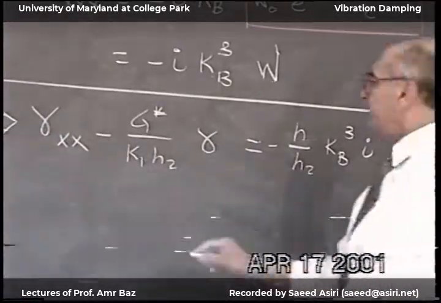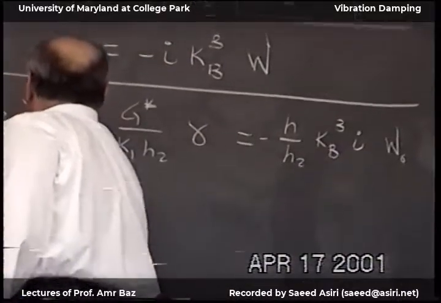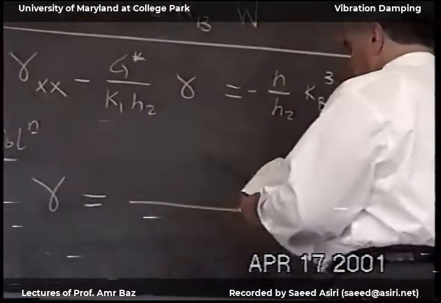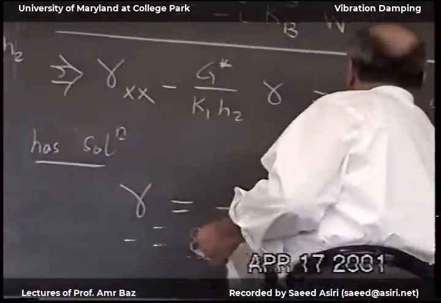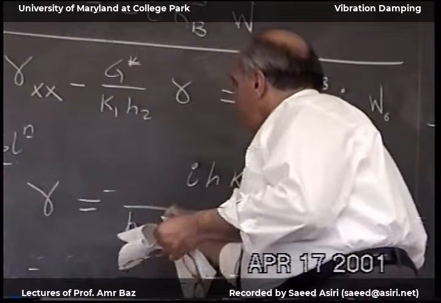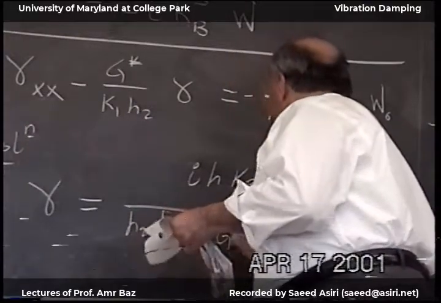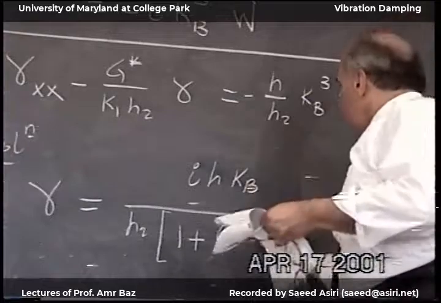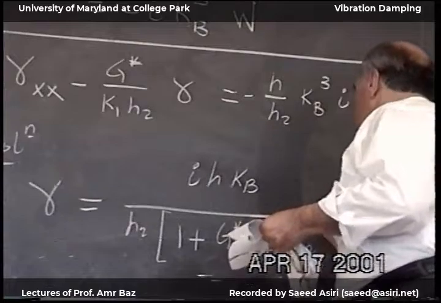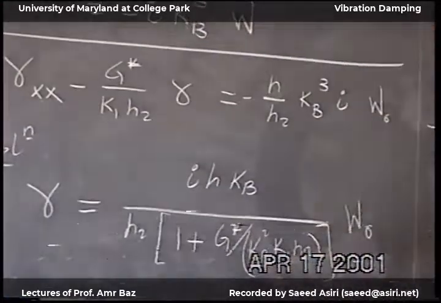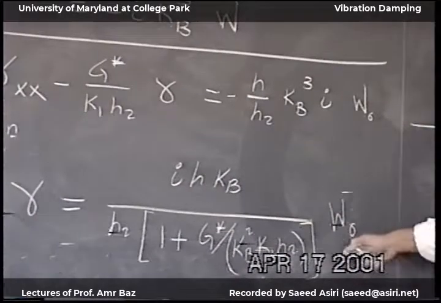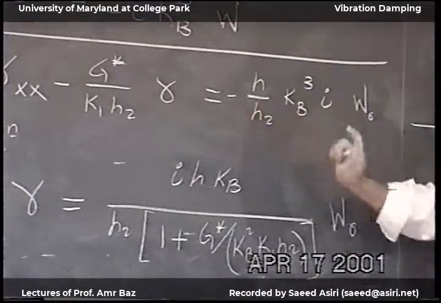This equation has solution: gamma will equal i H k_B W0 over H2, times 1 plus G over k_B squared K1 H2. Of course, this is a solution because if I take this and plug it here, it will satisfy this equation.